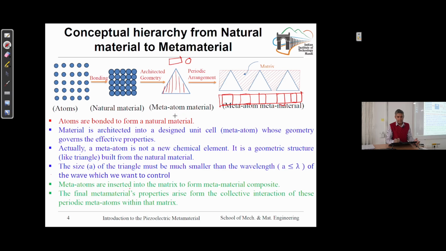And then we have the matrix and the meta-atom. This combination of matrix and meta-atom is known as a metamaterial.